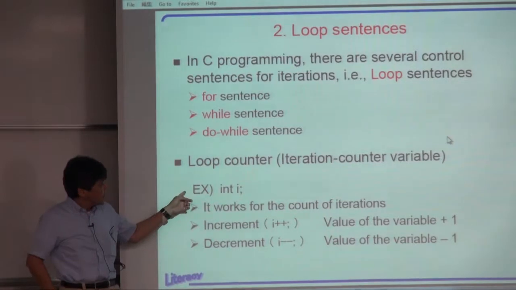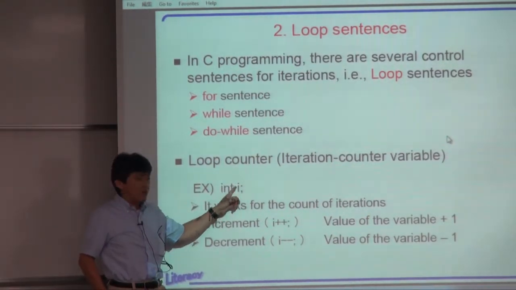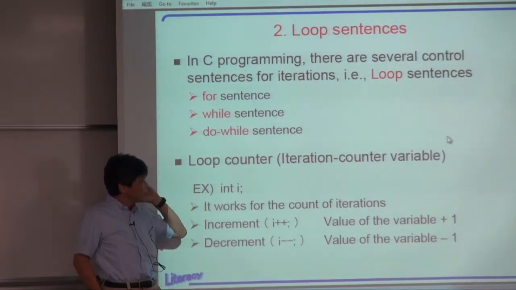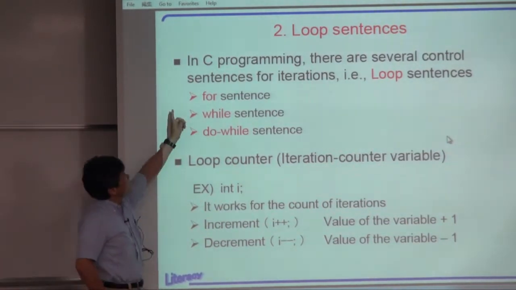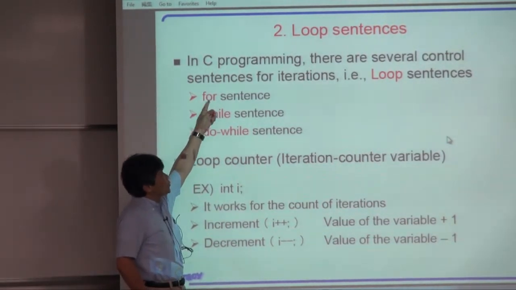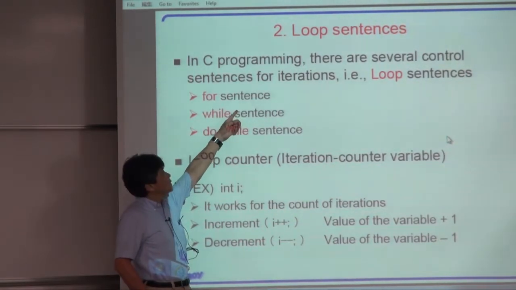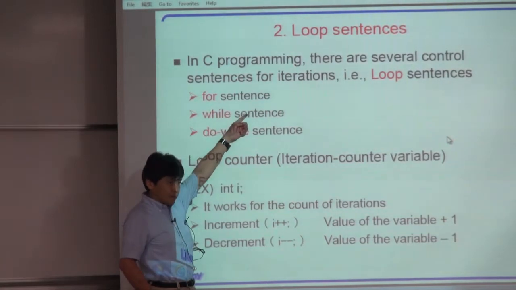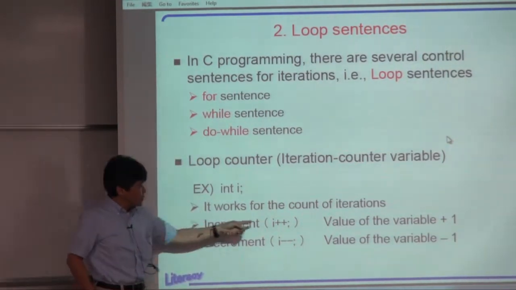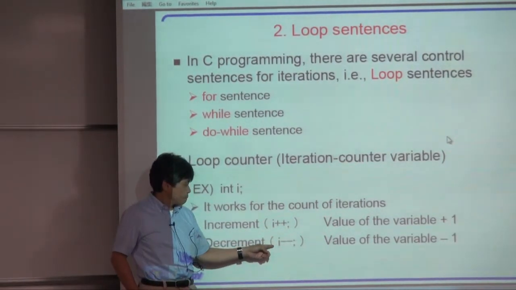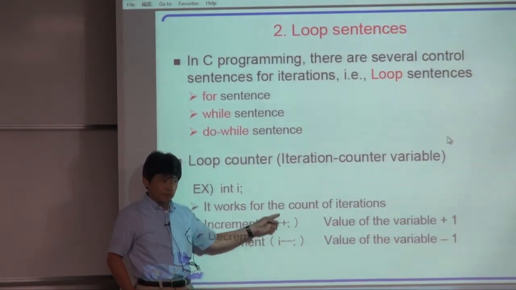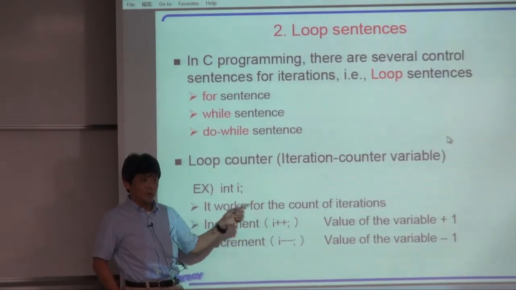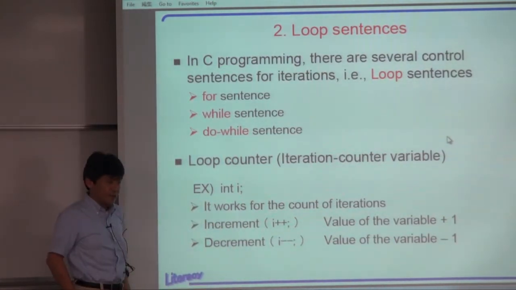For example, you can specify the variable i as an integer type. Then, if you use the for sentence, as an argument of the for sentence, you can use these operators for increment or decrement of the iteration counter.